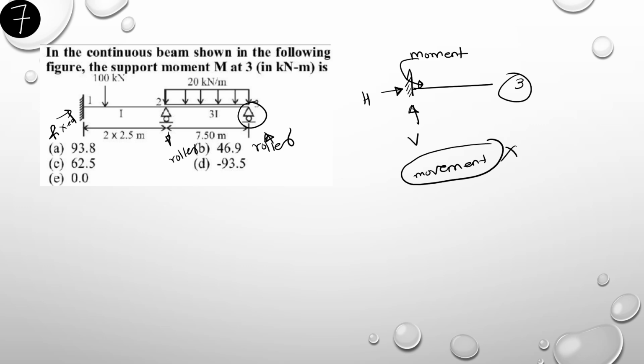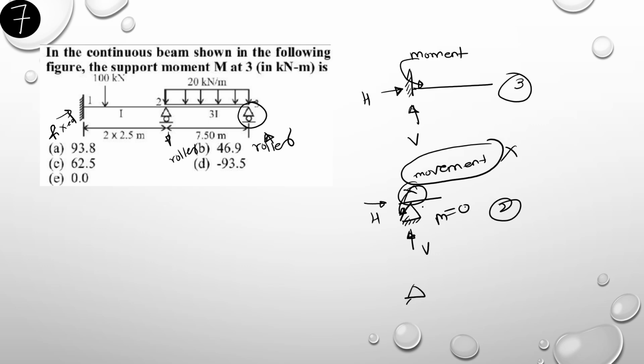So the fixed support has three reactions. In case of a hinge support, movement is prevented in the vertical direction and in the horizontal direction. So two reactions are there, and rotation is not restricted, so we need to calculate the moment acting on the hinge support, and in this case the moment is 0. Okay, the moment on a hinge support is 0.